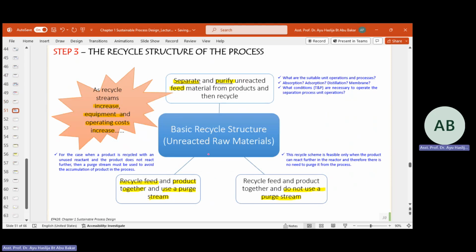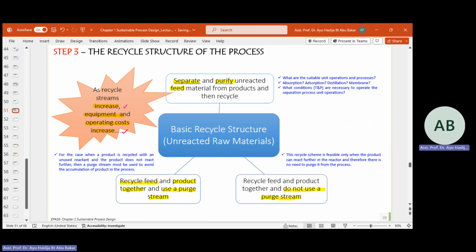Now, this is the recycle structure of the process. There are three general cases. Okay, if you read through journals or articles, perhaps they have more than this. As the recycle stream increases, equipment and operating costs also increase.